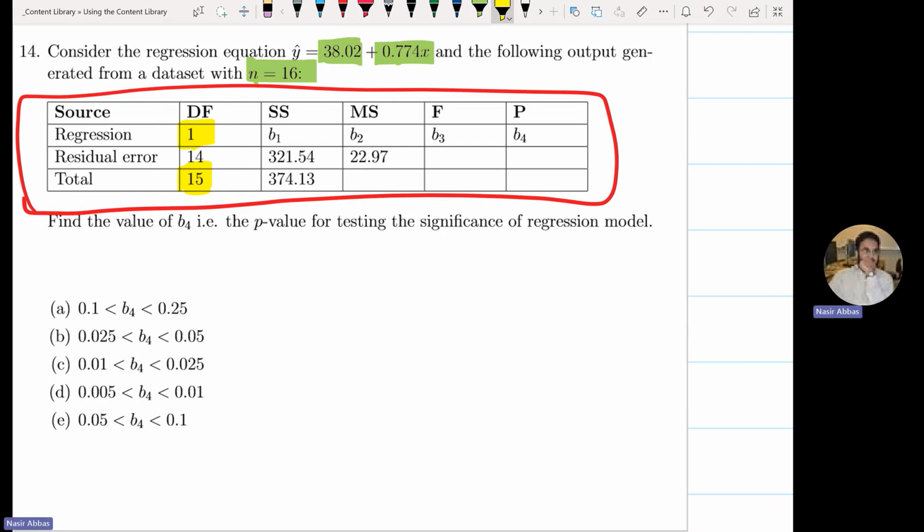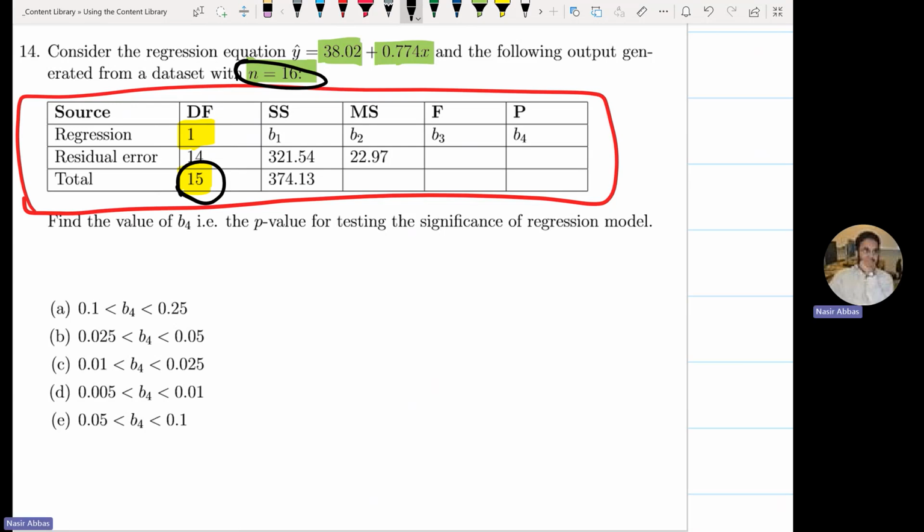This is the very big confusion point where many of you make a mistake and consider this to be N. This is N minus 1. If we don't give you N in the question and you have to find N from here, you should be able to recognize that N is 16, not 15.